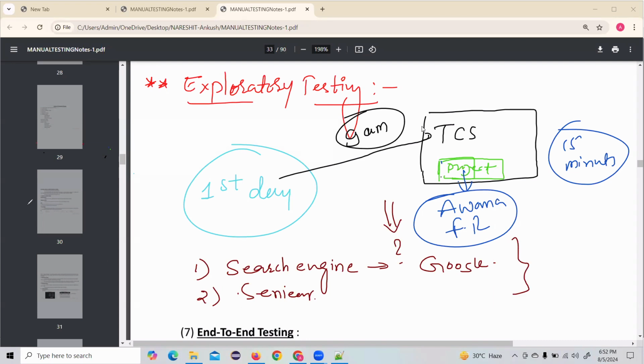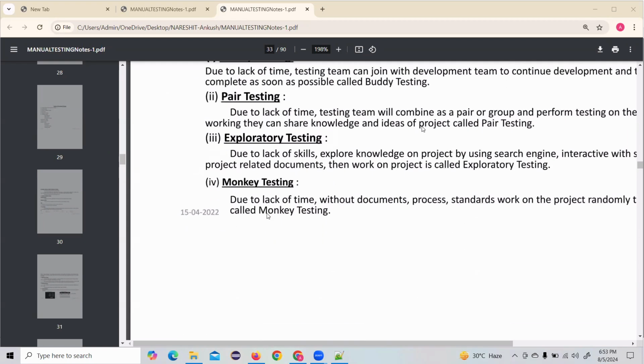It means we will try to explore the application or software. Understanding? So what is meant by exploratory testing finally?